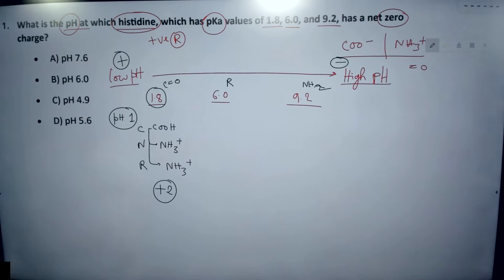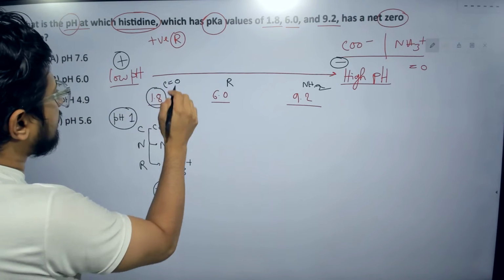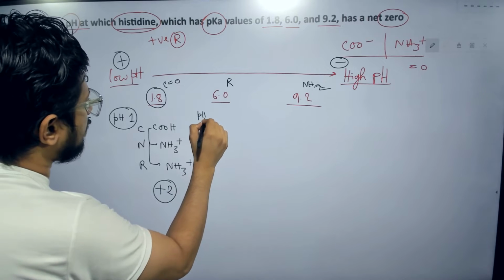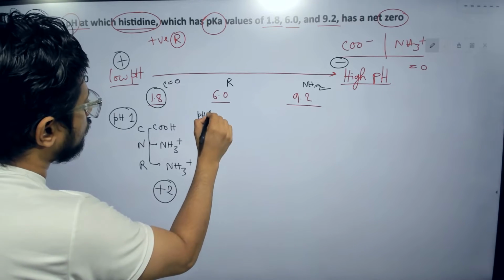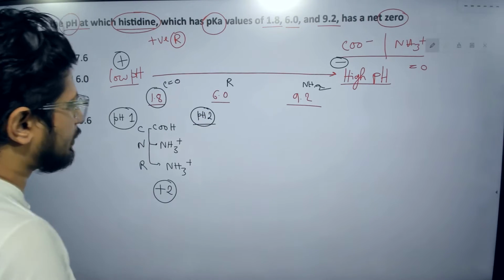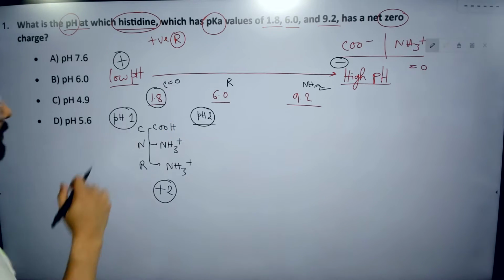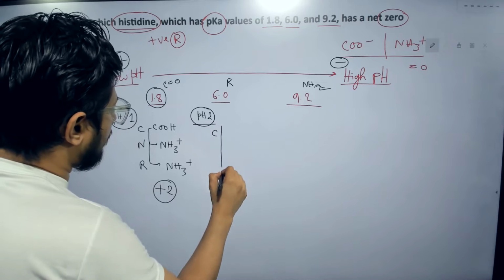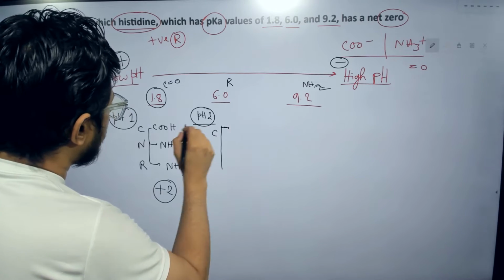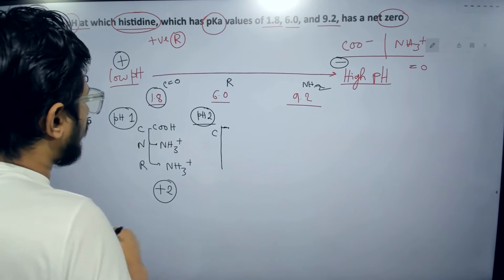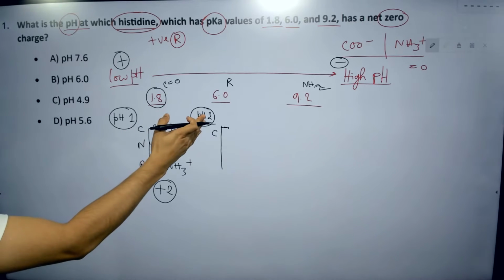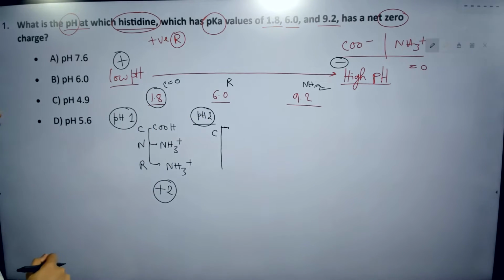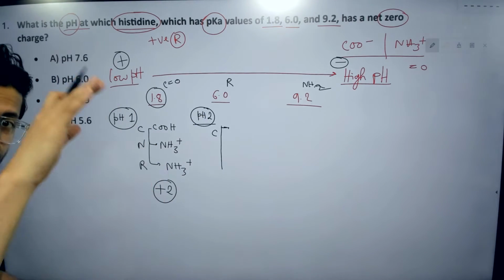Okay. Now let's look at a pH which is more than this first pK value, let's say pH 2. What will happen in pH 2? This carbonyl one will be deprotonated. Why? Because pH 2 is greater than pK 1. To get protonated, pH should be lower.